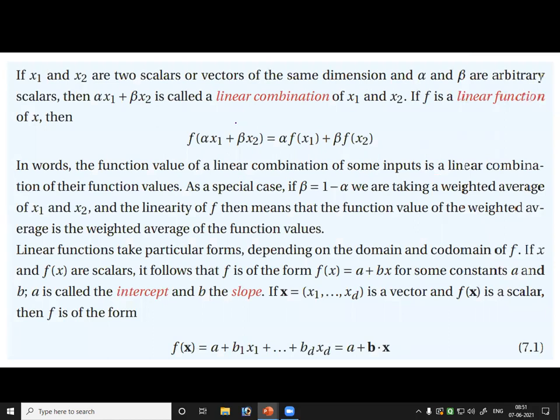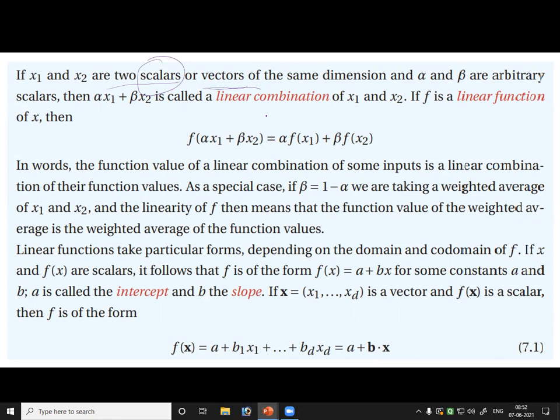We need to learn some minimum basics of mathematics regarding these lines and planes. If x1 and x2 are two scalars or vectors, what do you mean by scalar? Scalar is nothing but a constant.